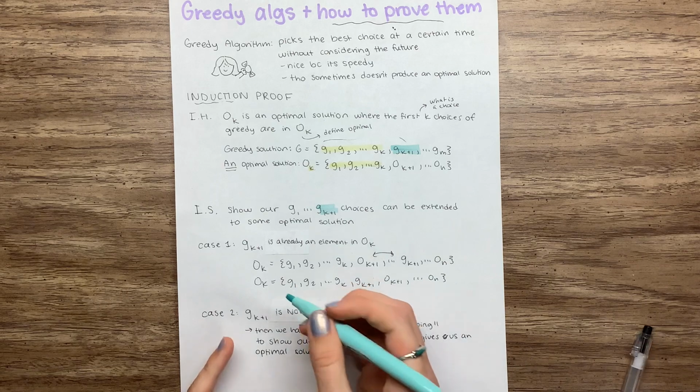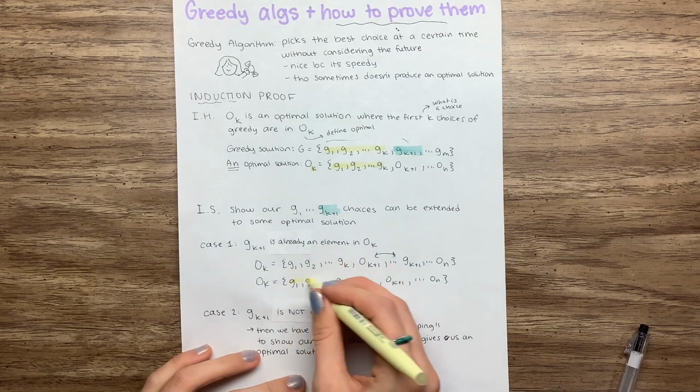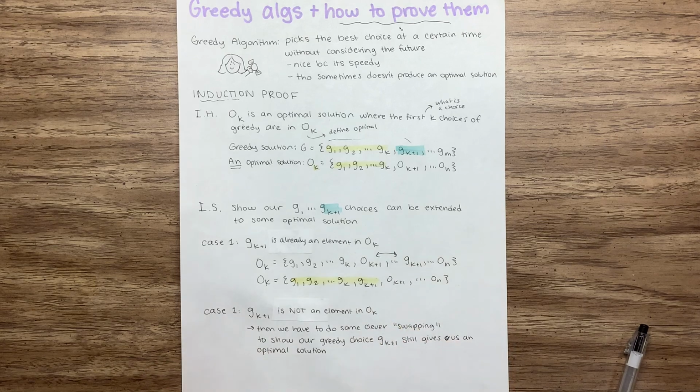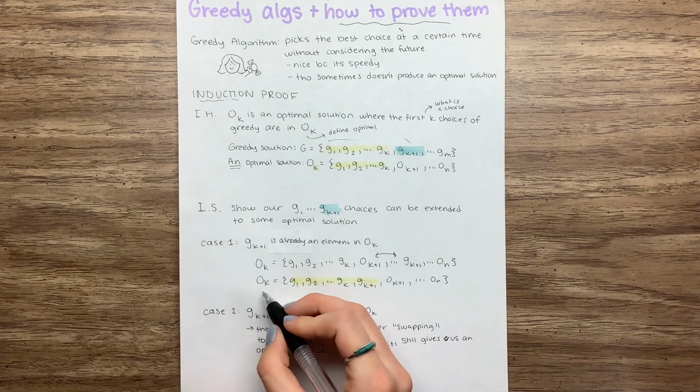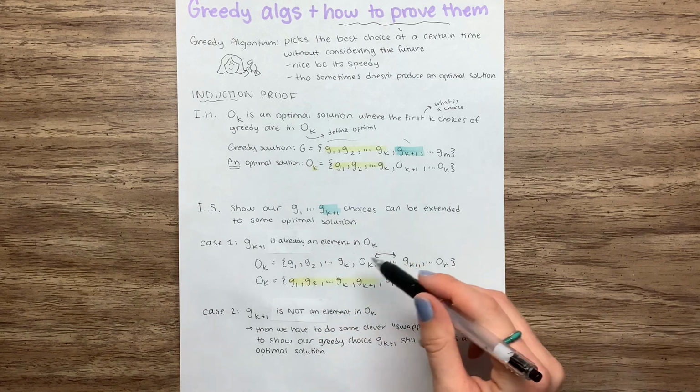This is good because it shows that our first k plus 1 choices are in a specific optimal solution, and we can just state that.